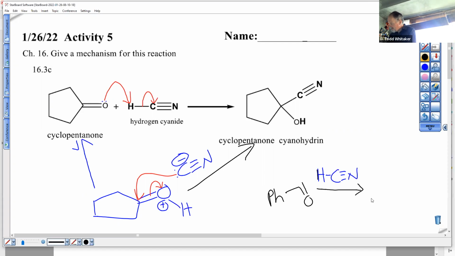And this animal stores the cyanohydrin in a gland in its body, and when it's alarmed by another animal, it has an enzyme that catalyzes the reverse reaction, which creates hydrogen cyanide, which either paralyzes or kills its prey.